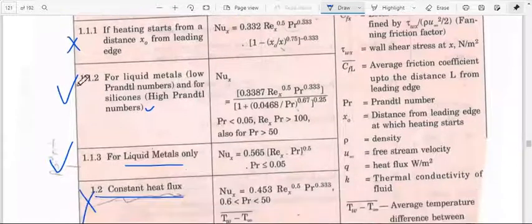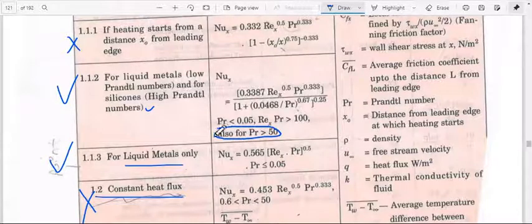That's why I'm not considering this constant wall temperature formula. Again, I am going to 1.1.2, high Prandtl number. Here Nu is equal to this formula, where Prandtl number PR is greater than or equal to 50. Here 2875 is greater than or equal to 50, that's why I'm considering this formula.